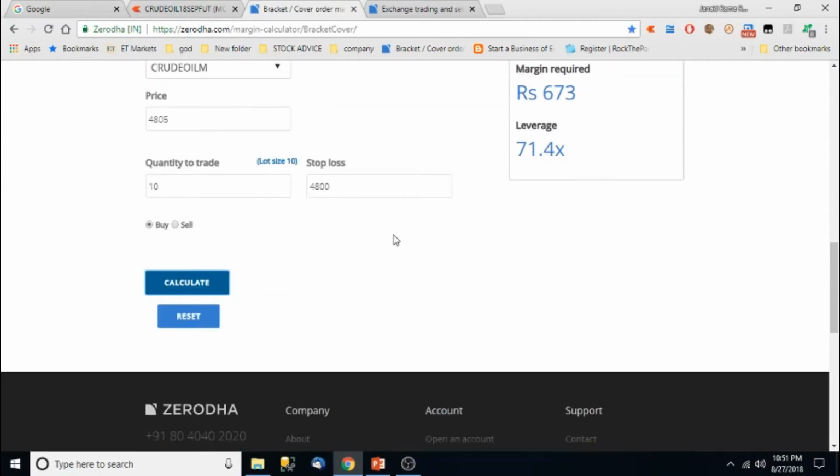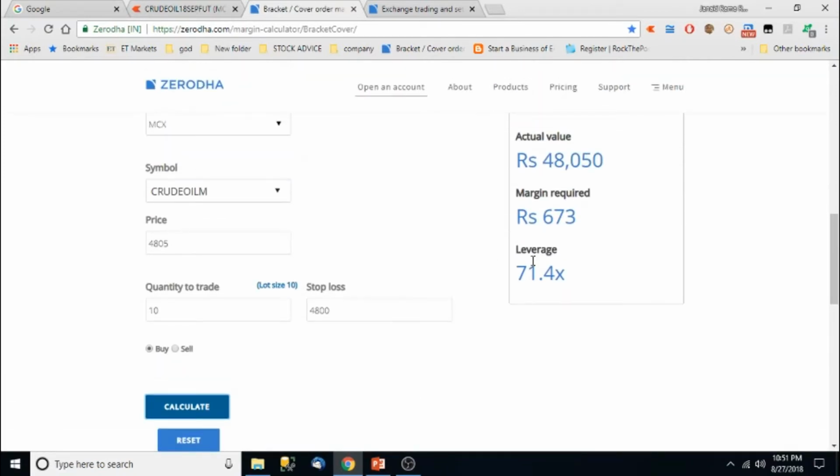If we go with the bracket order or cover order, we are defining our stop loss also, so the risk is defined. The broker offers much more. See, we are getting a leverage of 71%, meaning with 673 rupees we hold this product worth 48,000 rupees.